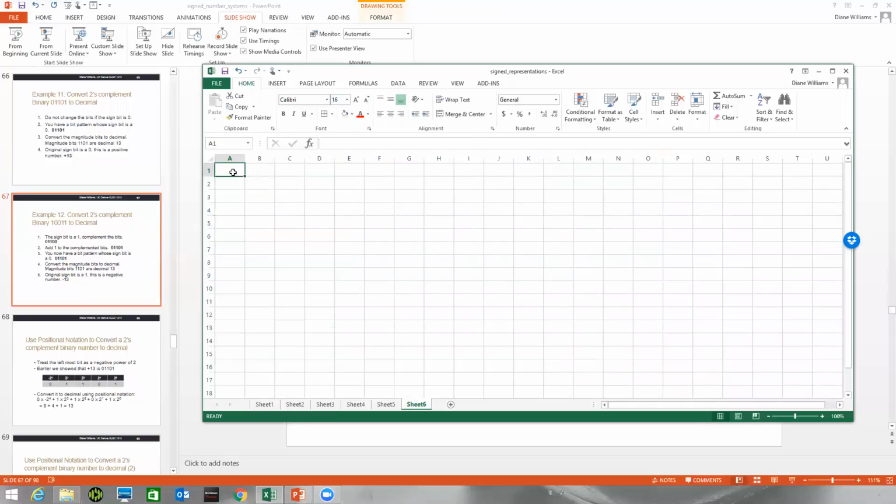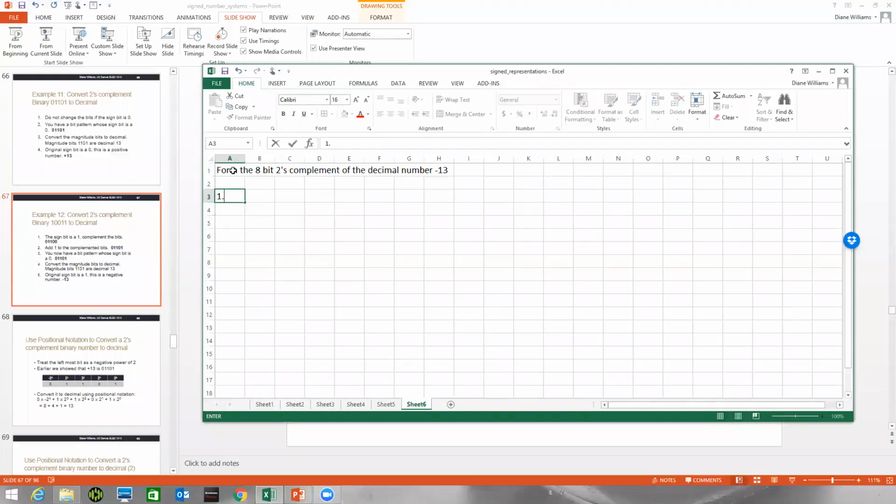All right. Form the 8-bit 2's complement of the decimal number minus 13.